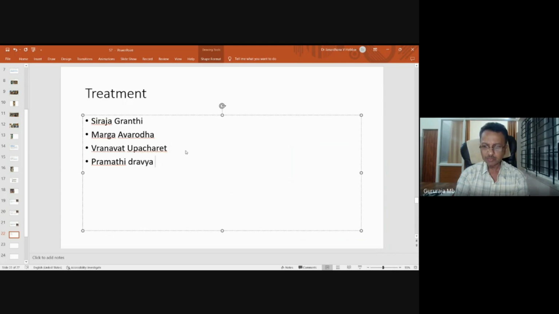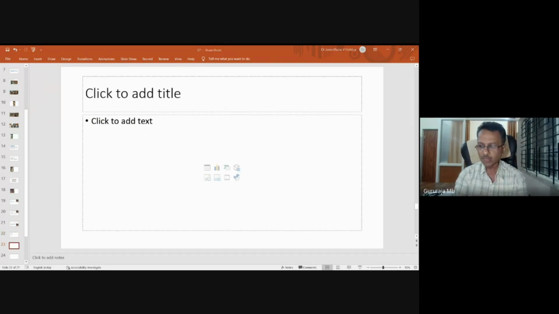Based on these concepts, to digest the ama and open the channels, I selected Guggulu Tiktaka Kashaya, syrup Cardorium Plus, which is available in the market, and capsule Viscovas.